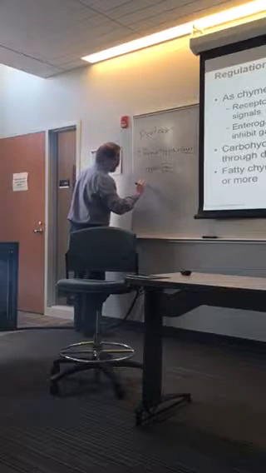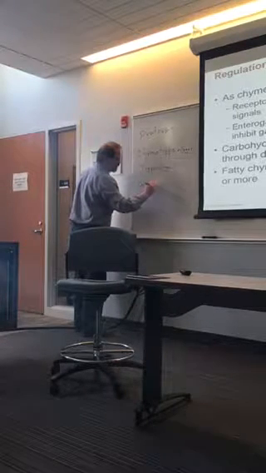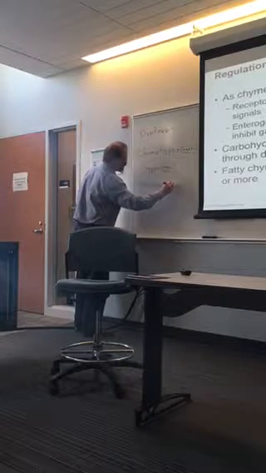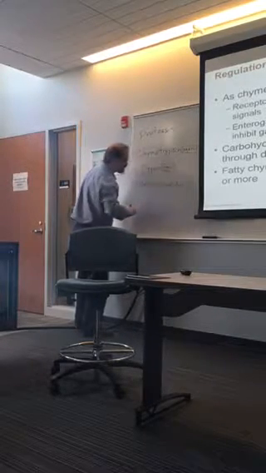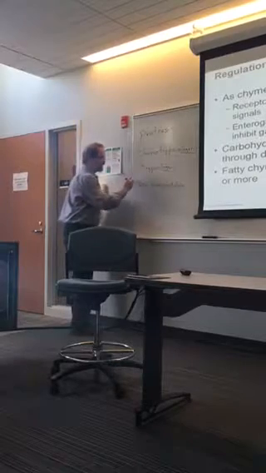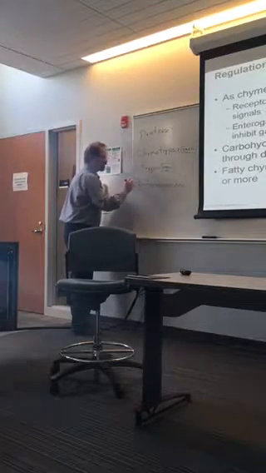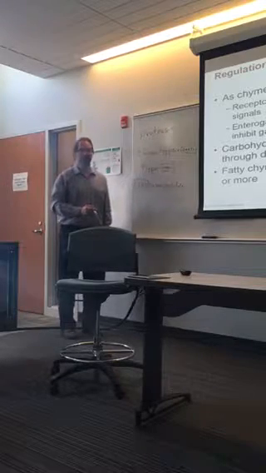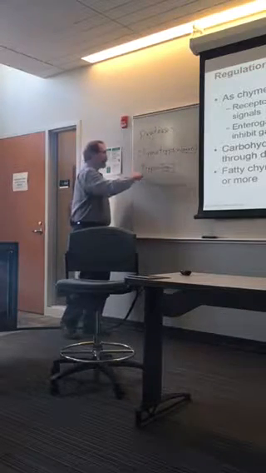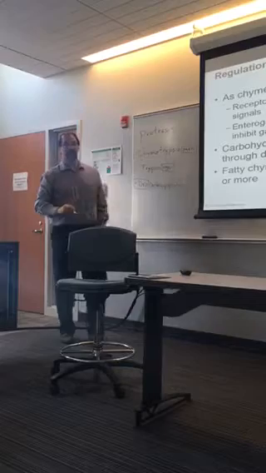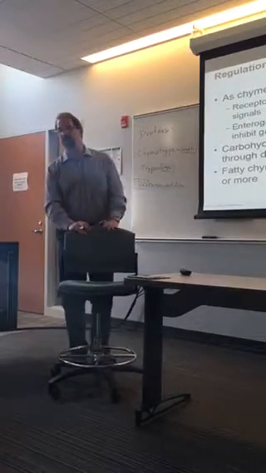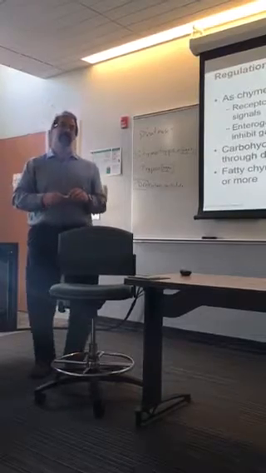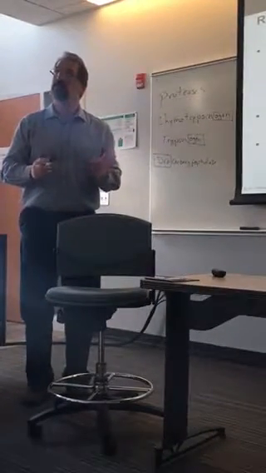And procarboxypeptidase. Here, instead of having ogen on the end, it gives it pro. So the actual peptidase is carboxypeptidase. So you got chymotrypsinogen, trypsinogen, and procarboxypeptidase. Those are your three proteases from the pancreas. Got it?